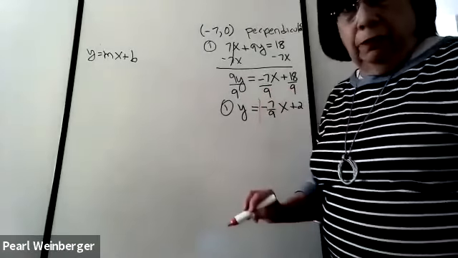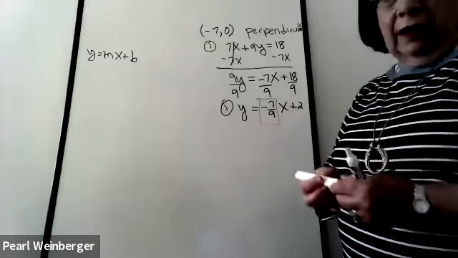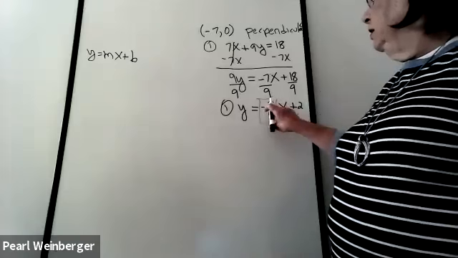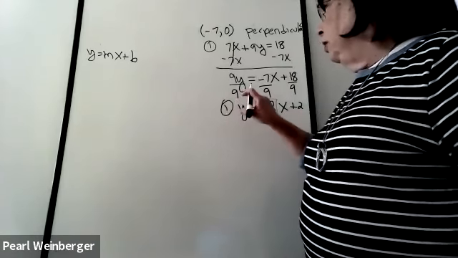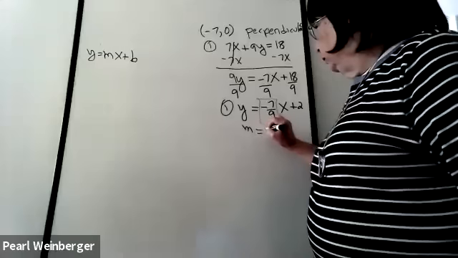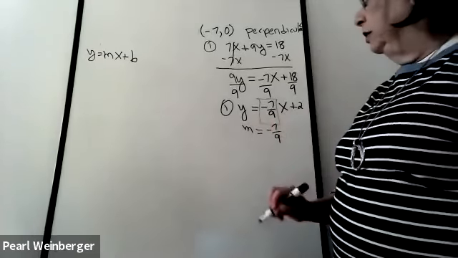Now what we're interested in is the slope of this line. What is the slope of this line? I hope you can see that. The slope of the line is -7 over 9. That's the slope of line 1, because that's the number that's in front of the x.